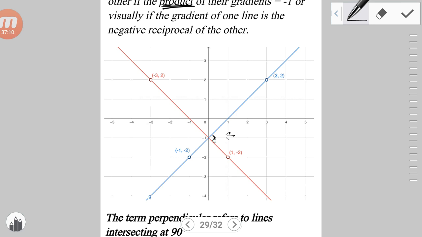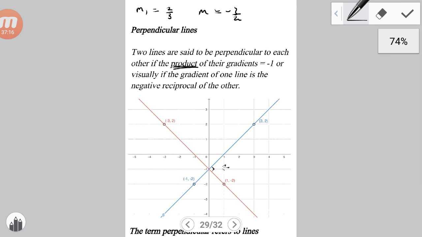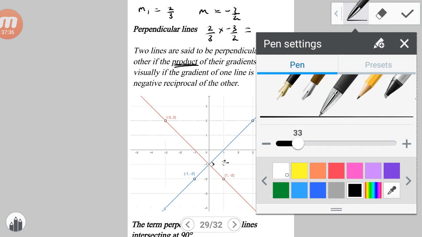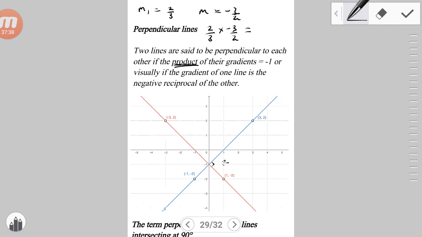This simply means that, hypothetically speaking, if the gradient of the red line is 2/3 and the gradient of the blue line is -3/2, and I multiply 2/3 by -3/2 and get -1 as my answer, then the conclusion is that the lines are perpendicular and they will meet at 90 degrees.